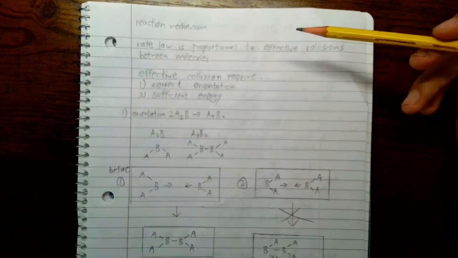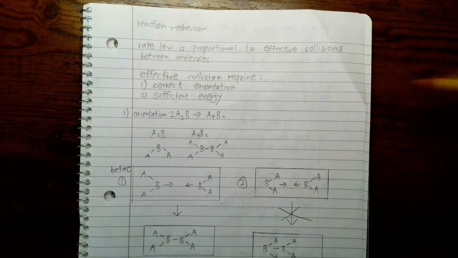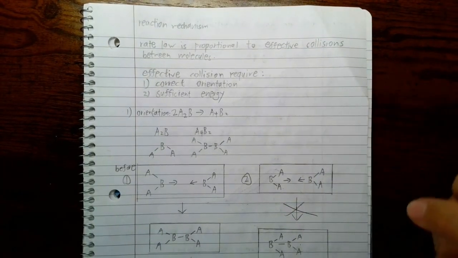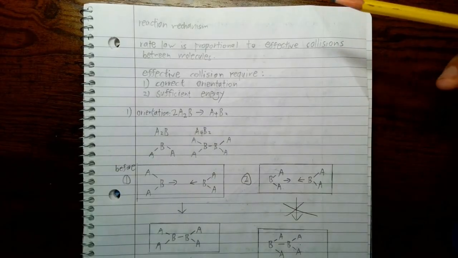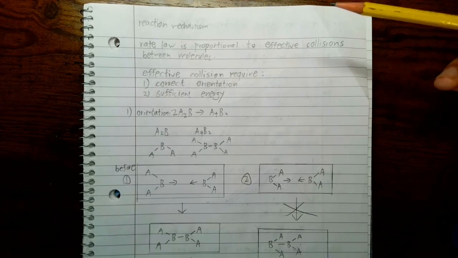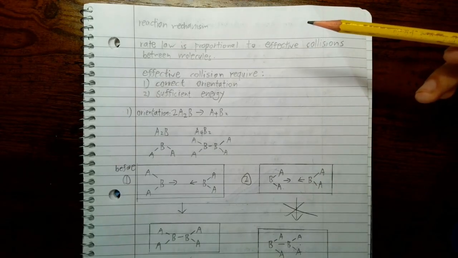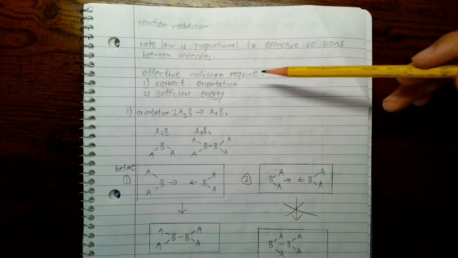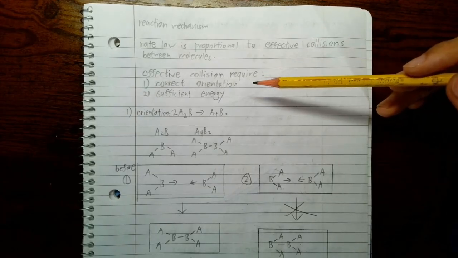Next, let's talk about reaction mechanism. According to reaction mechanism, the rate law is directly proportional to the effective collisions between the molecules. An effective collision requires the correct orientation of the reactant molecules.